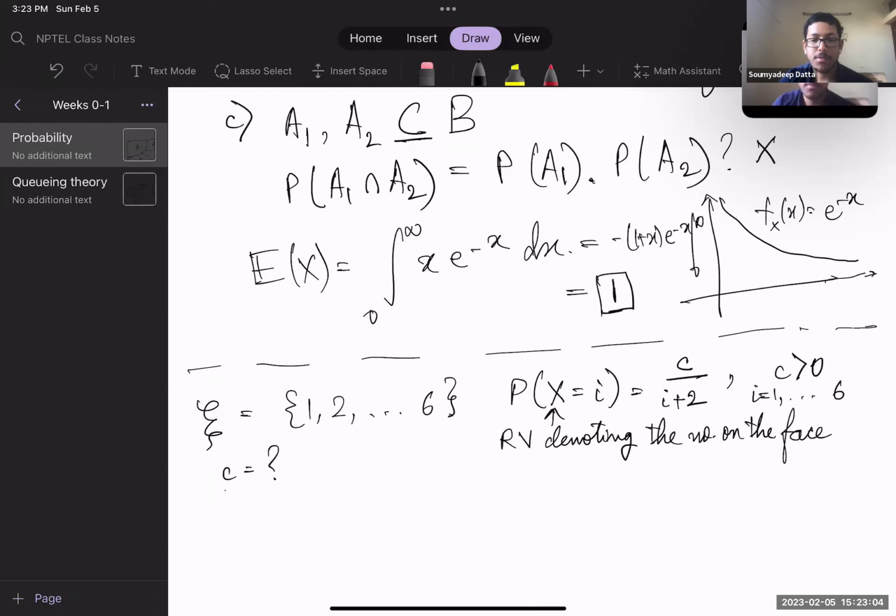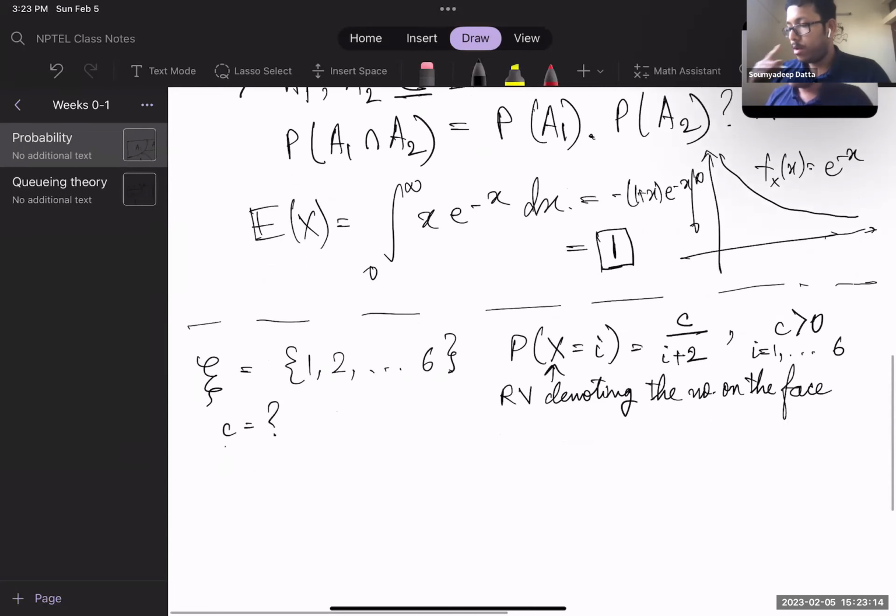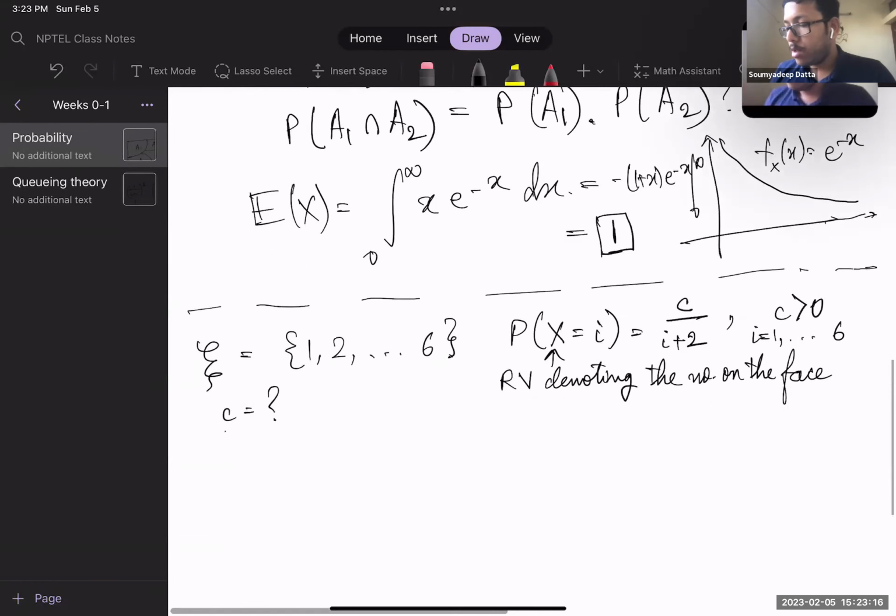Okay, let me help you at least. Can you tell me what this value is? The sum of probability x equal to i, i equal to 1 to 6. I just covered it a few steps back.